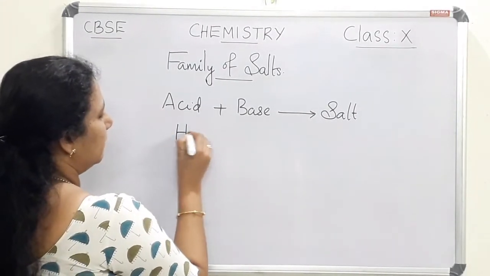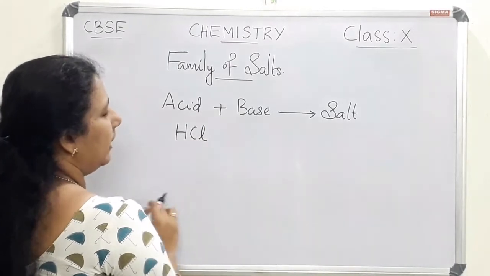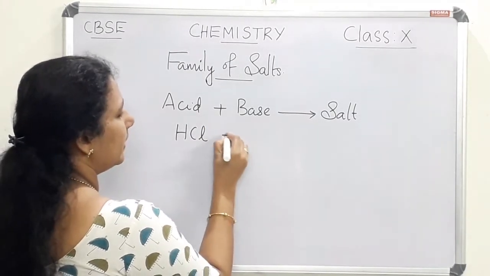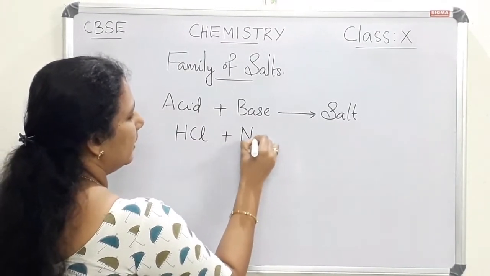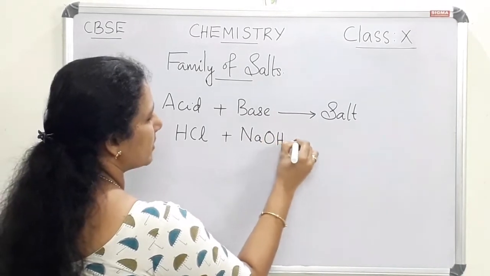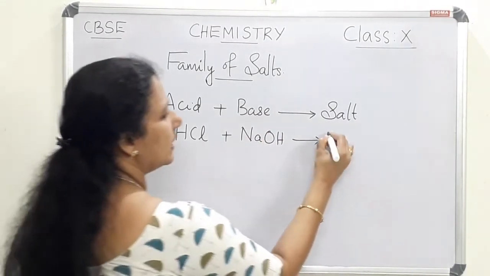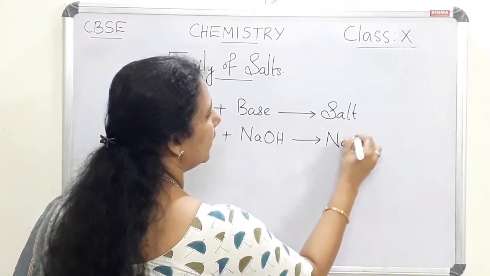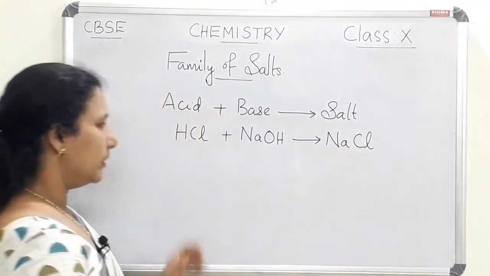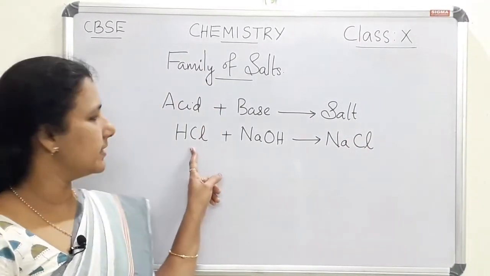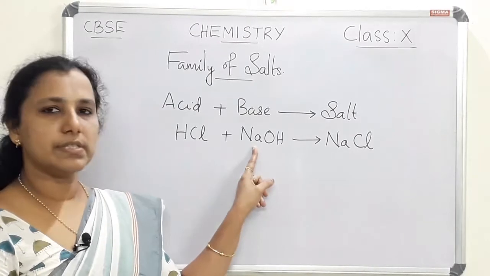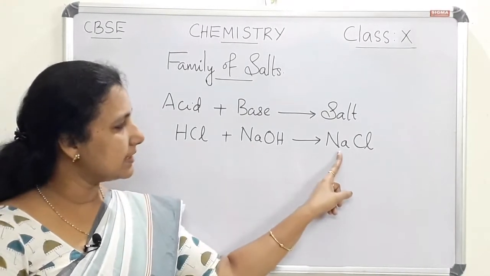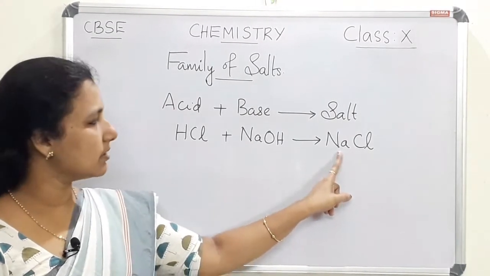If HCl, hydrochloric acid, reacts with a base, sodium hydroxide, it produces the corresponding salt, sodium chloride. So hydrochloric acid is the acid, NaOH is a base, and NaCl, sodium chloride, is a salt.